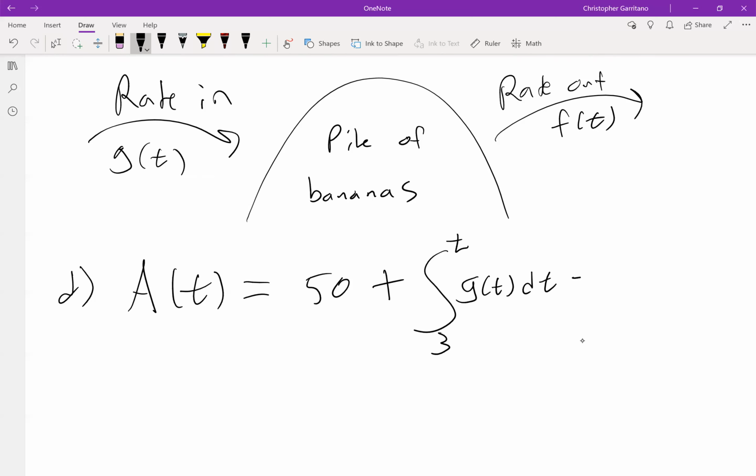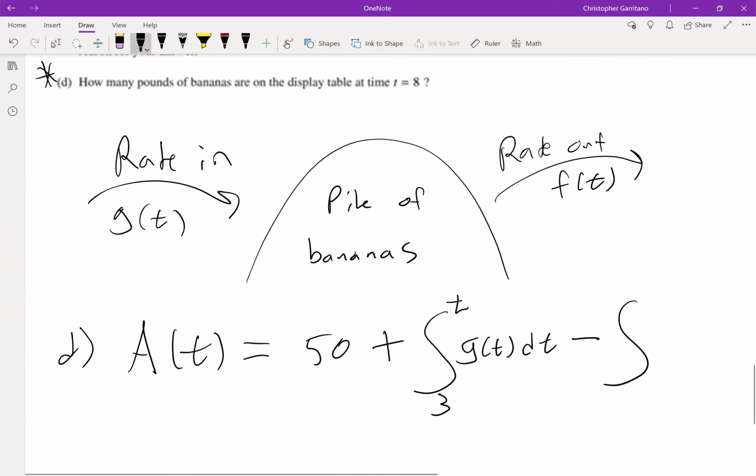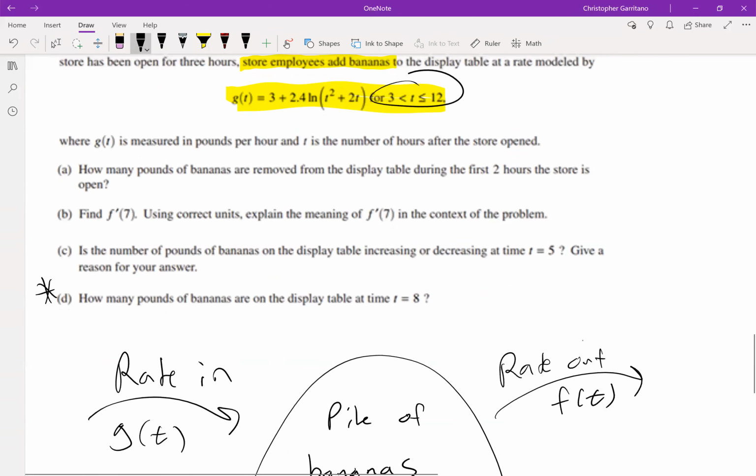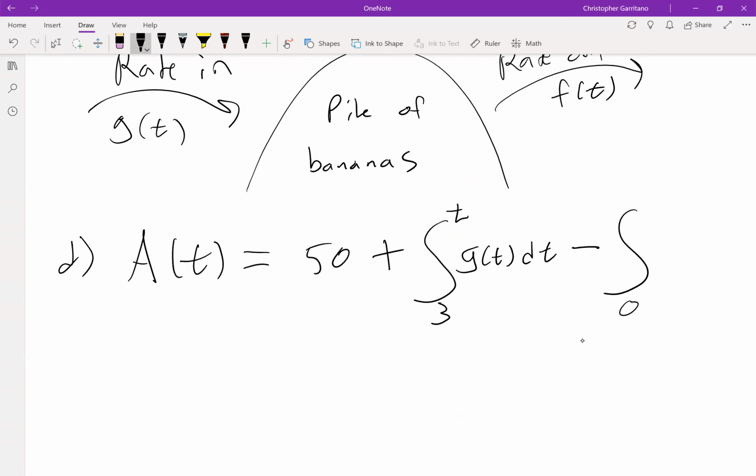And then, of course, we want to subtract the rate out, but the rate out is starting from 0, and they both go all the way to the end at 12. The integral of f of t dt, once again, is going to be rate out. So we'll get the net change in bananas that were taken away from this pile from t equals 0 to t equals t.